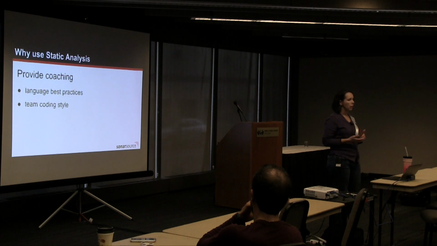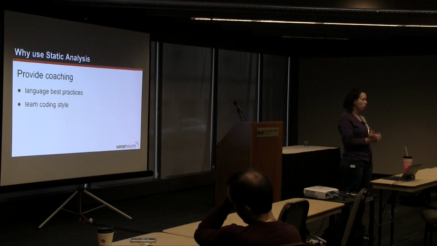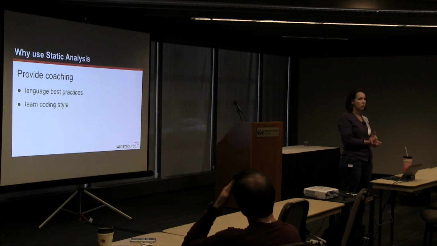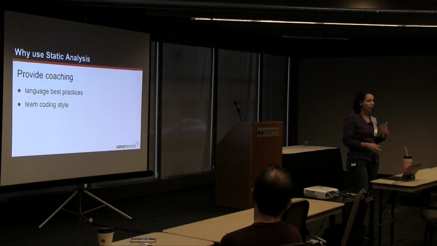And so static analysis can help when you've got a developer who's maybe new to the industry or maybe changing languages, new to the language and doesn't know the language best practices, or maybe new to the team and doesn't know the coding standards that the team has agreed to. So that's another reason to use static analysis.